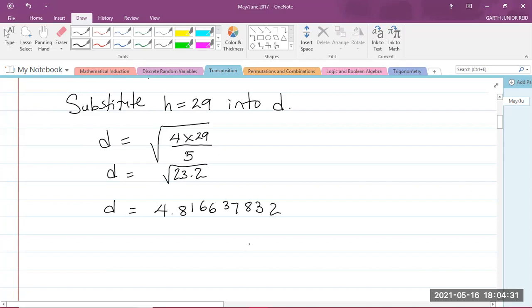But remember, the question said we are to give our answer to 3 significant figures.